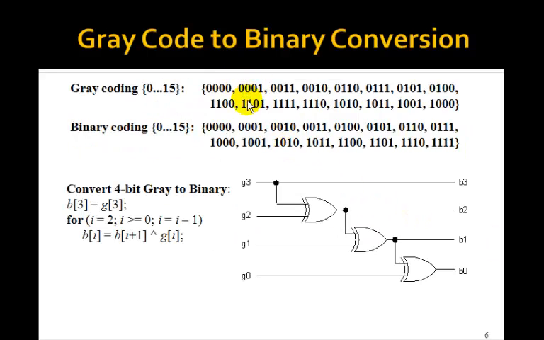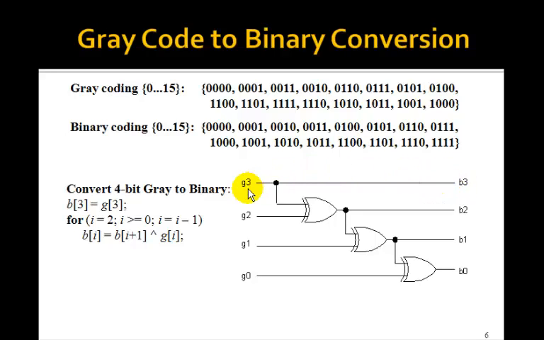Here we have a 4-bit gray coding and the corresponding 4-bit binary coding. This is our little pseudocode for converting 4-bit gray to binary. B3 gets G3, and then for i equals 2, i greater than or equal to 0, i equals i minus 1, B i is B i plus 1 exclusive OR with G i. Now notice how this is a little different than the binary to gray code.